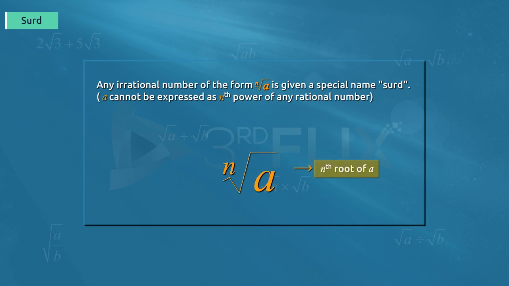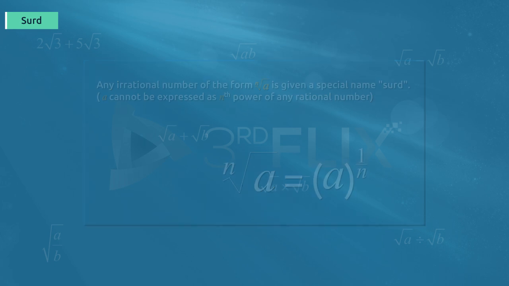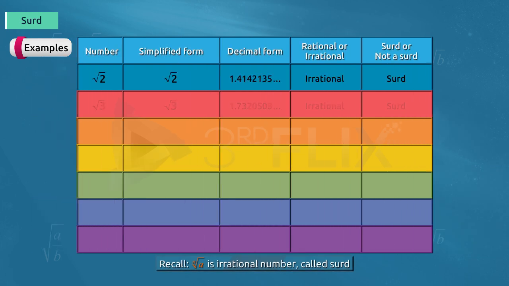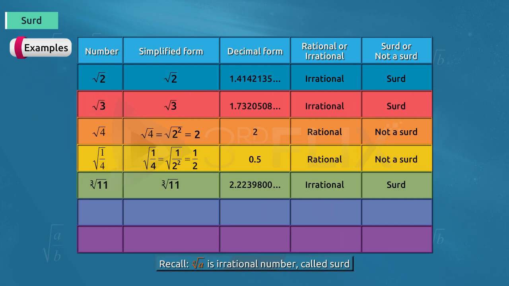Nth root of a is read as nth root of a and also can be written as a power 1 by n. Some examples of surds are root 2, root 3, cube root of 11, and so on.